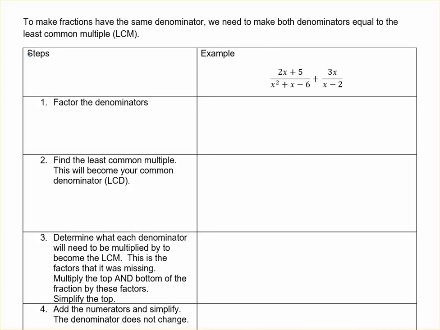So to factor x squared plus x minus 6, remember I am looking for two numbers that multiply to equal negative 6, but add to equal 1. So in factored form, that would be x minus 2 times x plus 3. The second denominator, x minus 2, cannot be factored.